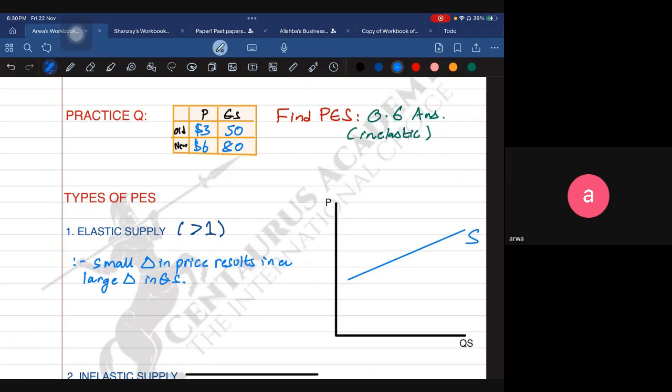If this was the price before, and QS1, now the price has increased a little bit, but the supply will increase by a lot.